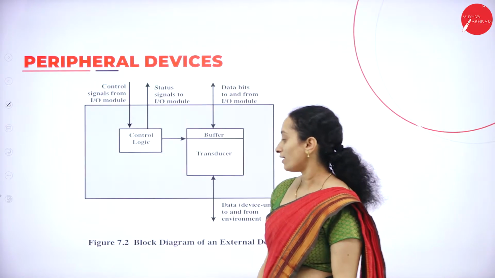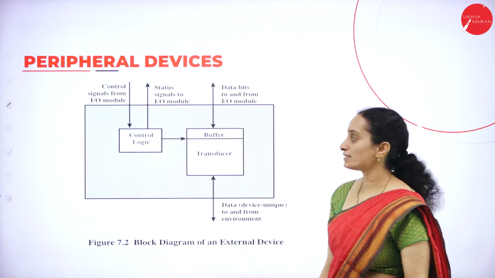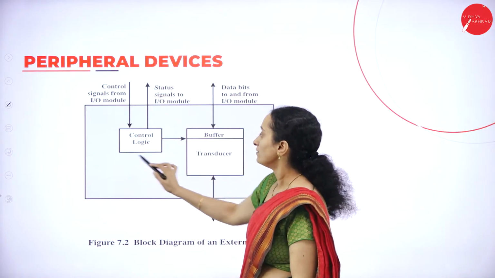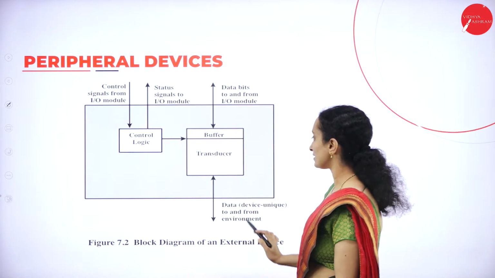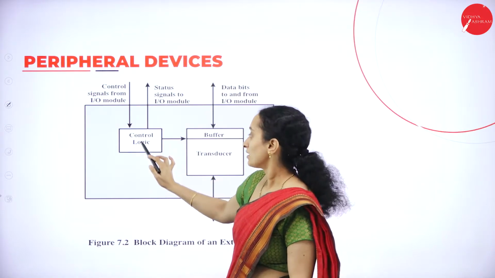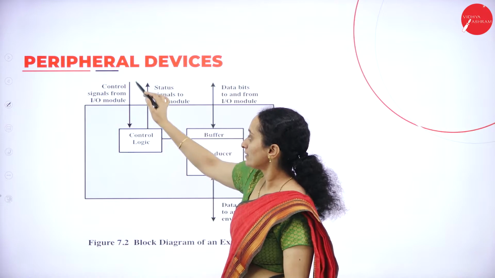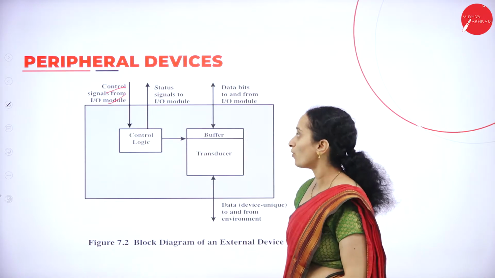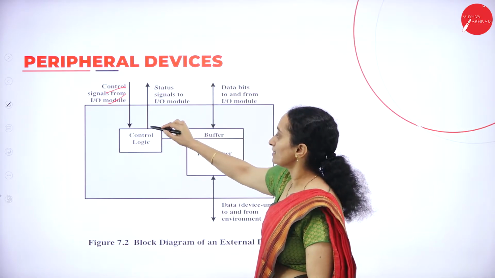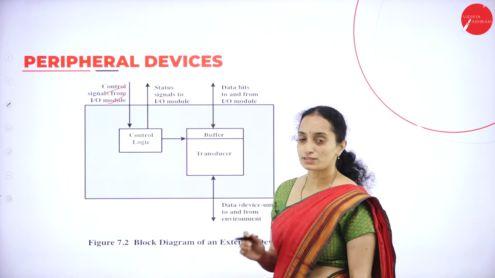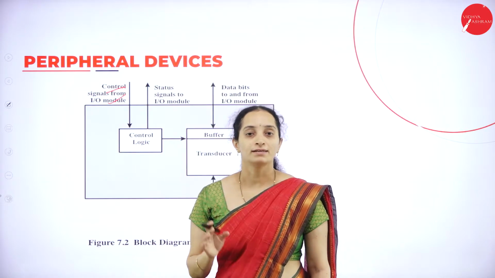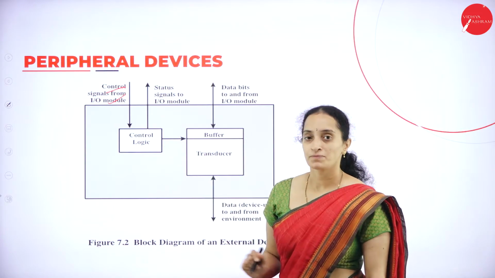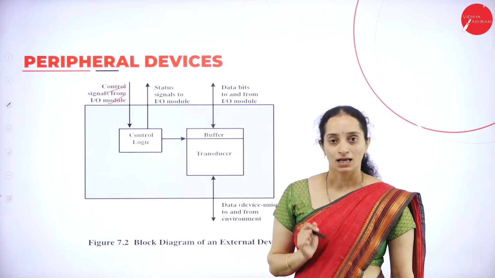Okay, so now we have the block diagram of these external or peripheral devices. We have the peripheral devices connected, like we have the control unit and logic unit, where control signals come from the input-output module and status signals will go to the input-output module. Status signal is making the input-output systems aware of what is happening in the control unit and the ALU.